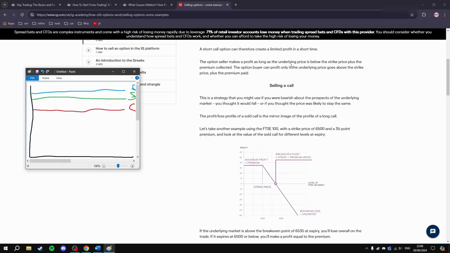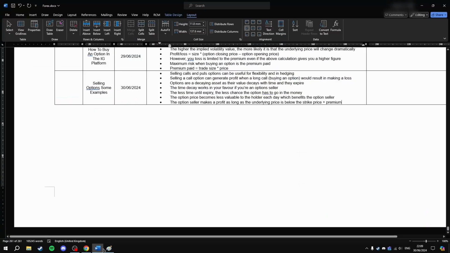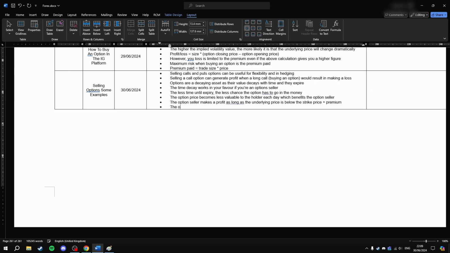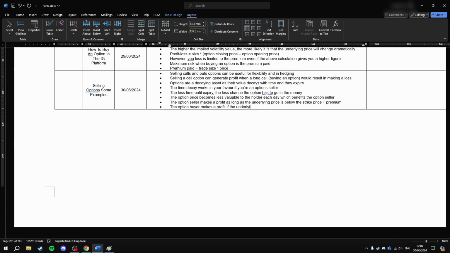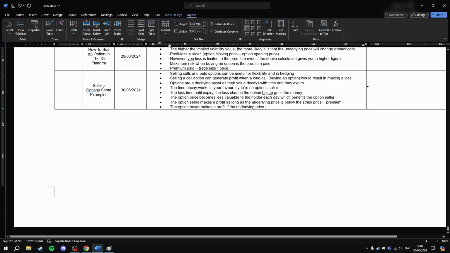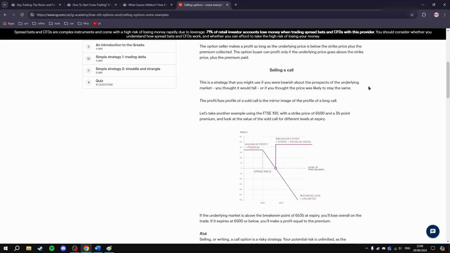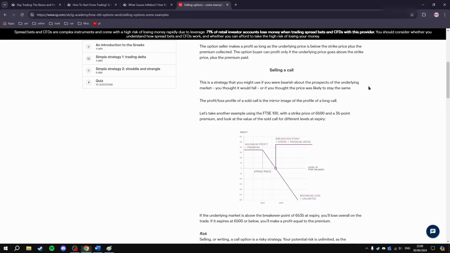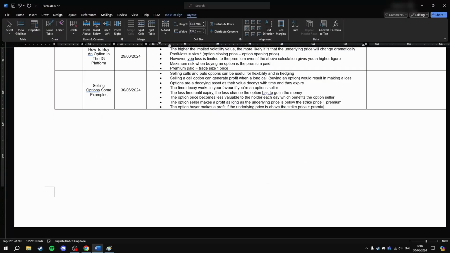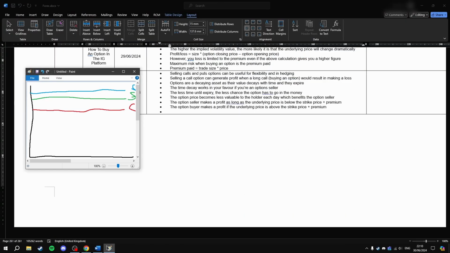So the option buyer can only profit if the underlying price is above the strike price plus the premium.